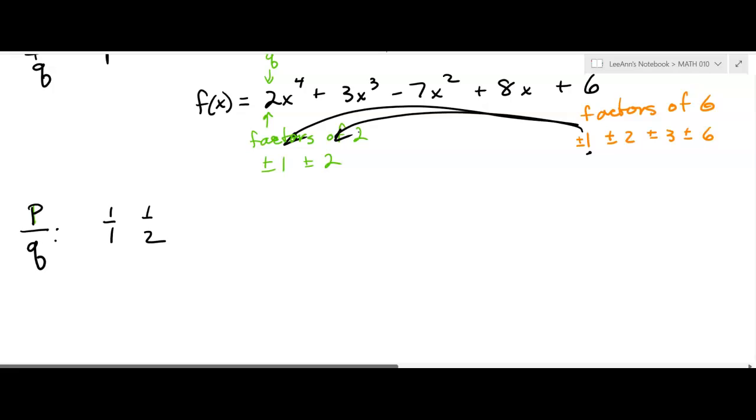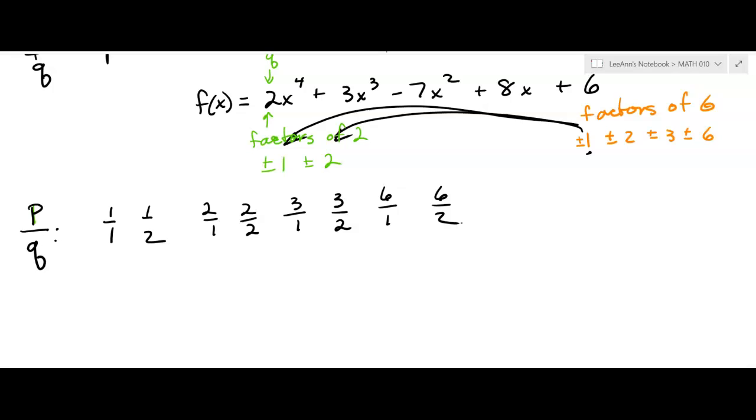I'm not going to keep drawing these arrows. And then I have 2 over 1, 2 over 2, 3 over 1, 3 over 2, 6 over 1, 6 over 2. And it doesn't usually take this long, but I'm trying to write it all out so you can see I'm putting a factor of p over each factor of q. Okay, so each factor of p goes over each factor of q.